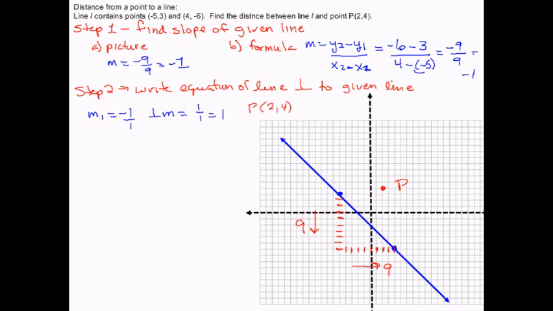Then we have a line that will go perpendicular, and I need to find that line. So I'm going to plug into y equals mx plus b. The reason I have to use y equals mx plus b is because I only have one point. Well, I guess I could use point slope form, but you'd want to convert it. Anyway, I'm going to use y equals mx plus b.